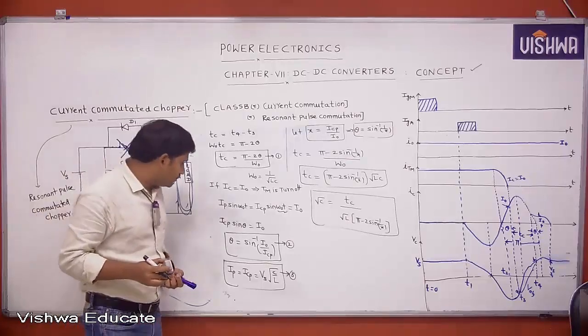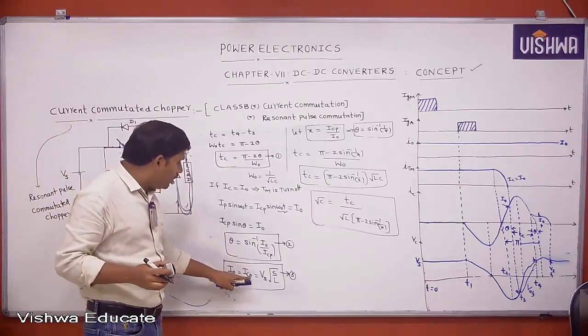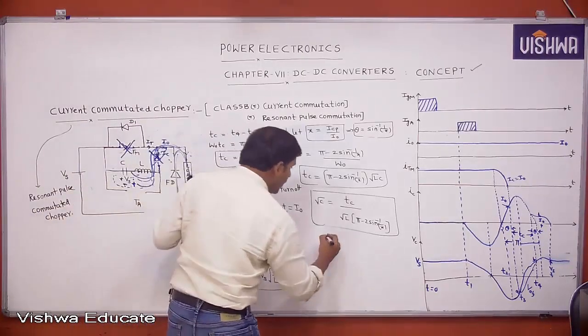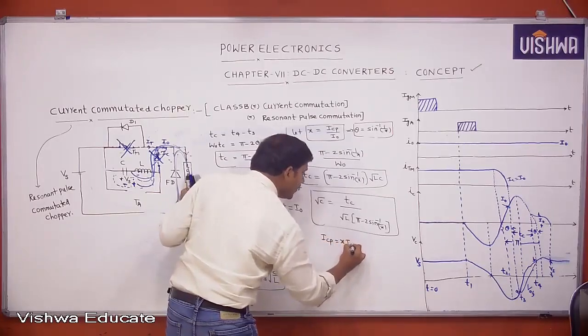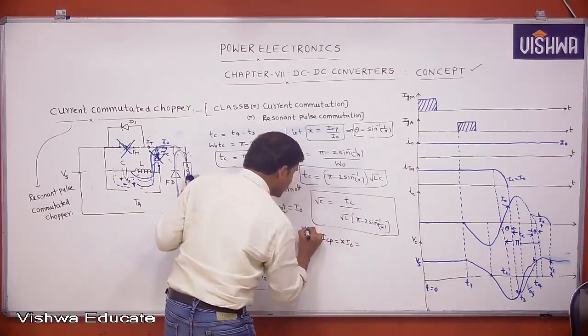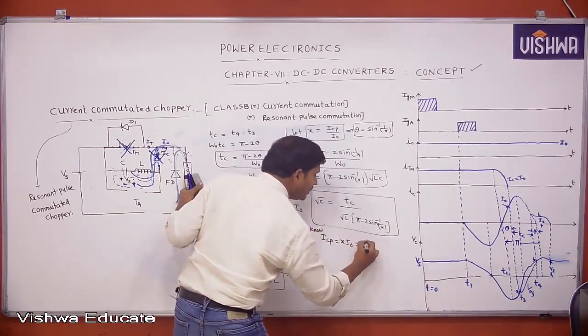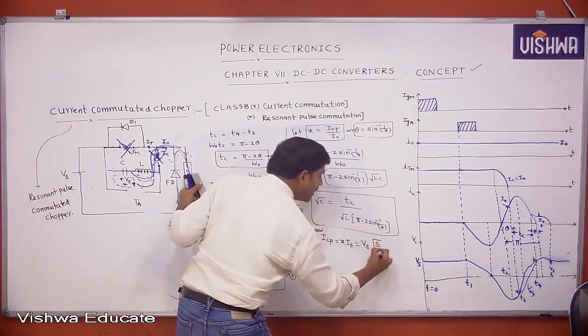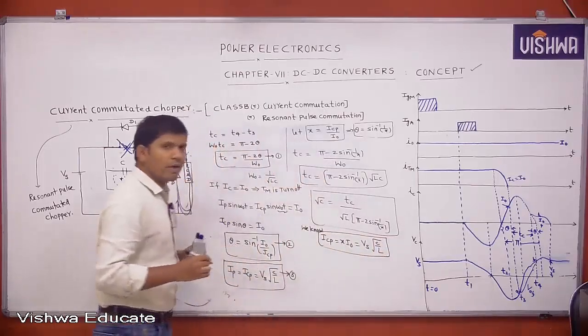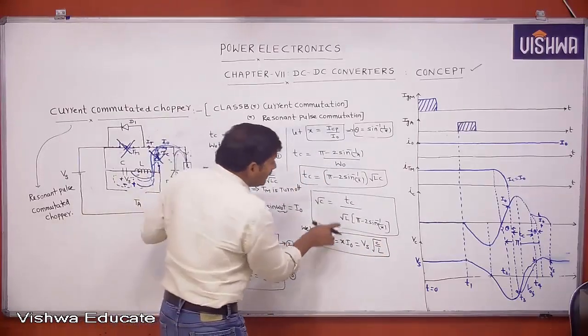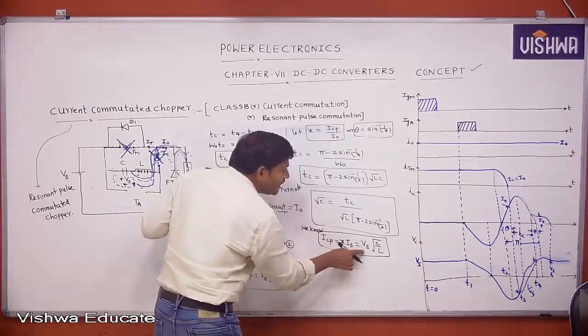Listen please. What is ICP? ICP equals X I naught, and we know this equals Vs into square root of C by L. Then substitute root C in this equation.